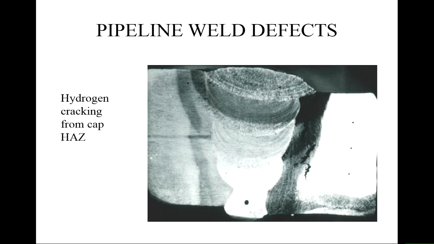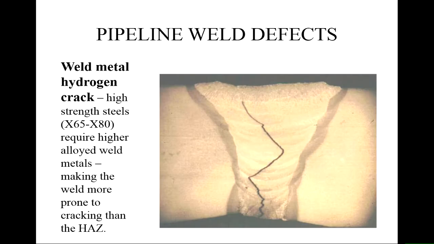So again, as a function of which direction it goes, it can be easier or more difficult to spot it on a radiograph. And in this example it propagates through the heat affected zone, but it can also get through the weld for the case when it propagates in the transverse direction.